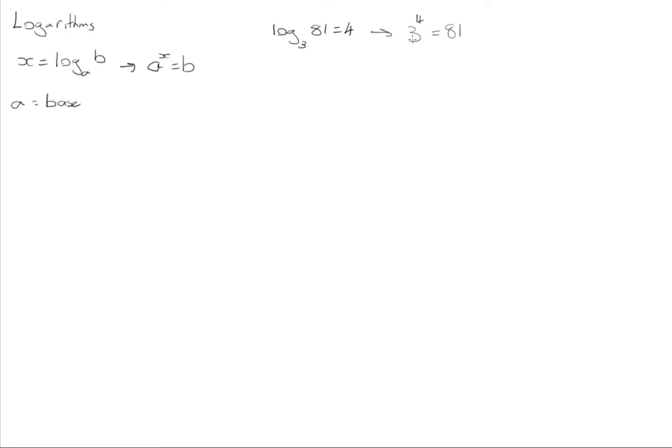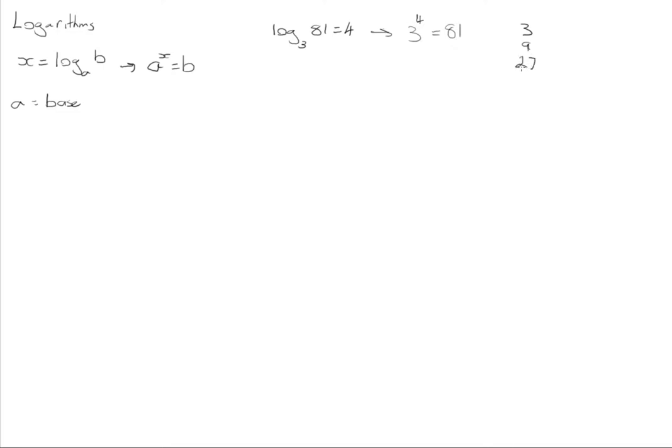Now, how do we know that 3 to the power of 4 is equal to 81? Well, let's go through our powers of 3. 3 to the power of 1 is just 3. 3 times 3, or 3 squared, is 9. 3 cubed, 3 times 3 times 3, is 27.